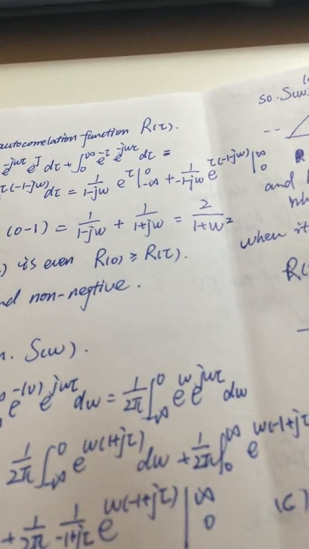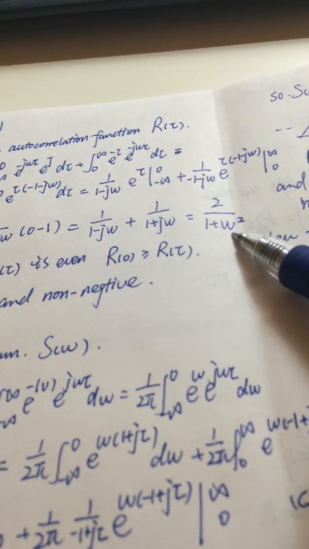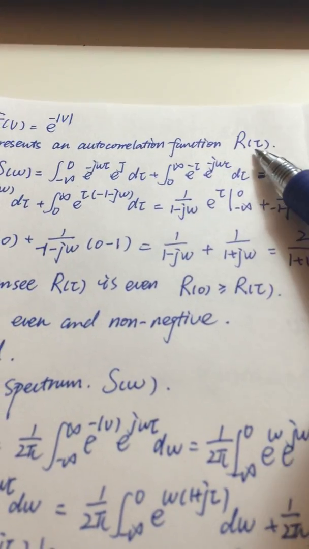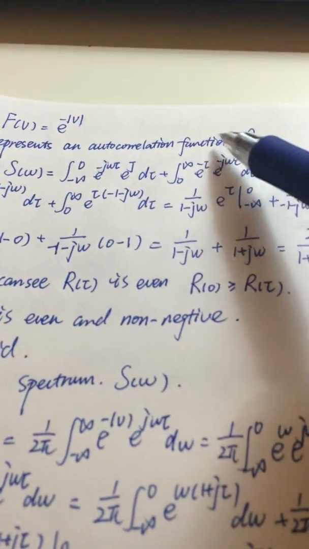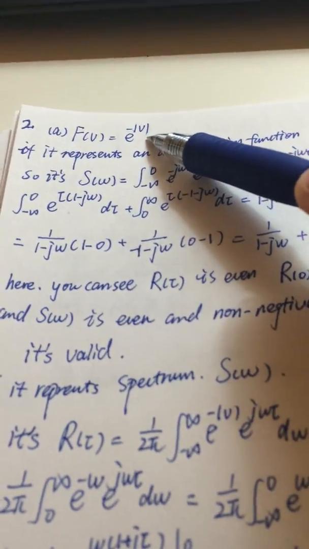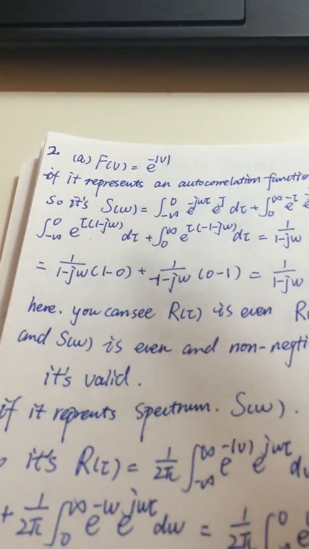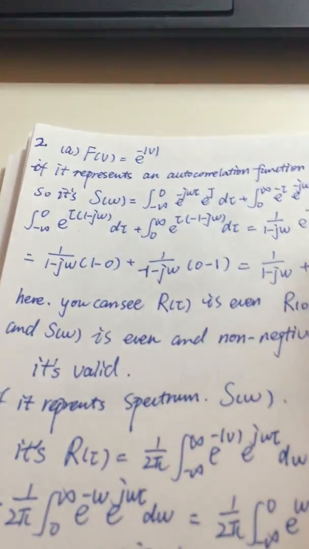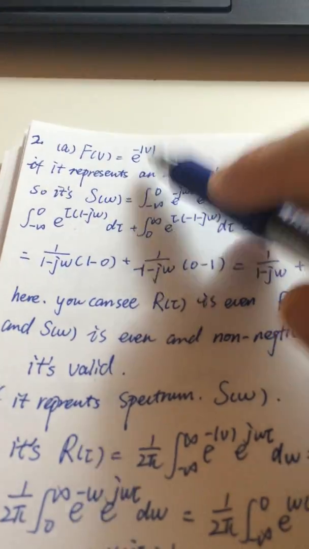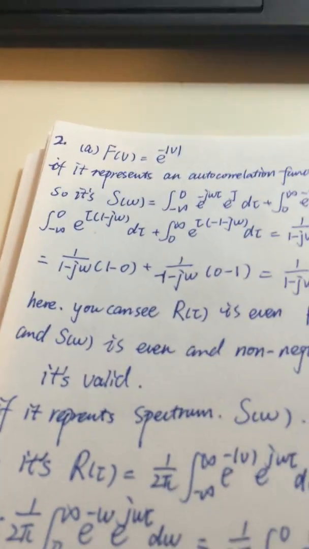Here we can see it is even and non-negative. And the autocorrelation function, exactly like this, is also even, right? And when tau equals 0, it must be the largest value.